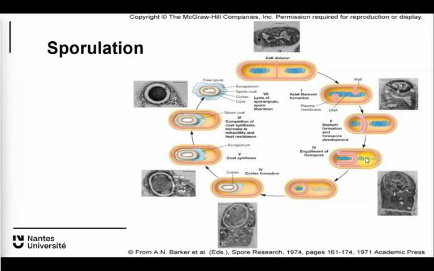But the larger cell, the sporangium cell, will start to engulf the endospore, and then it's going to synthesize all the different layers in the endospore coat.